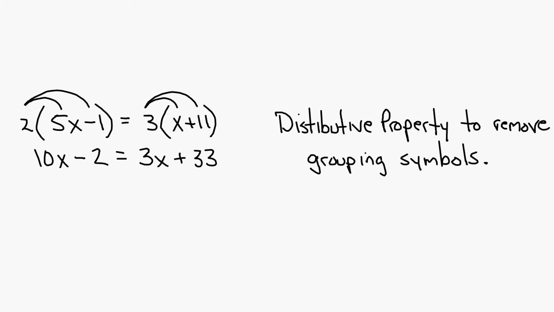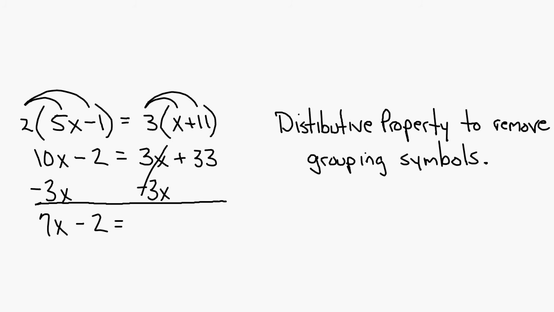You've got an x with a 10 in front of it and a 3 in front of it. Move the smaller number. So if you subtract 3x from each side, then over here on the left you've got 7x minus 2 equals, the 3x's cancel, and it equals 33.